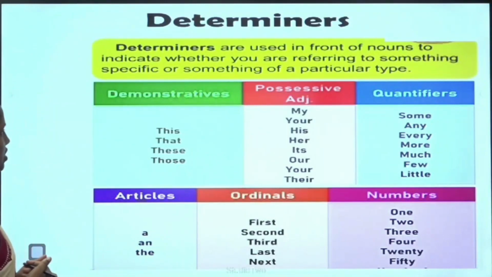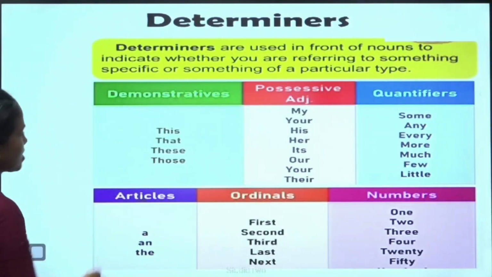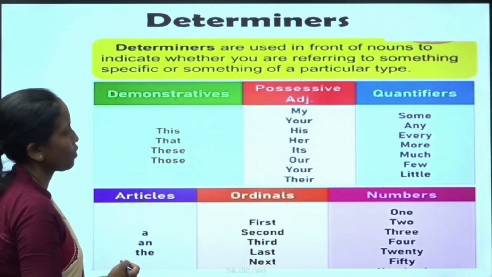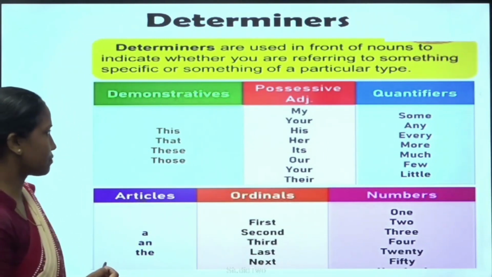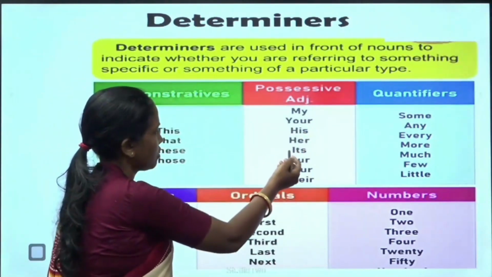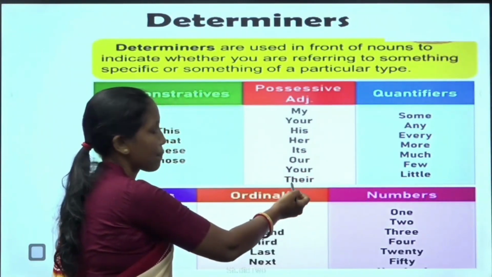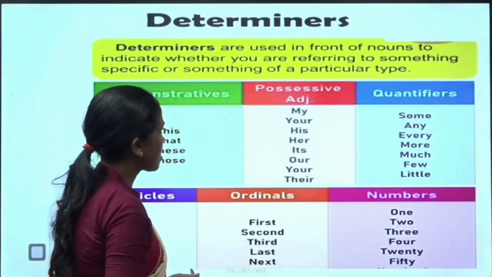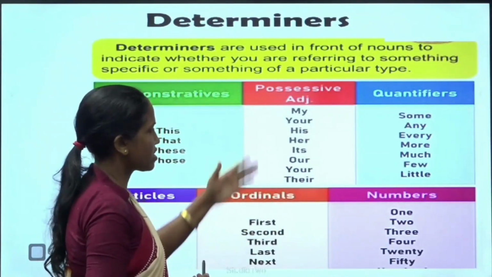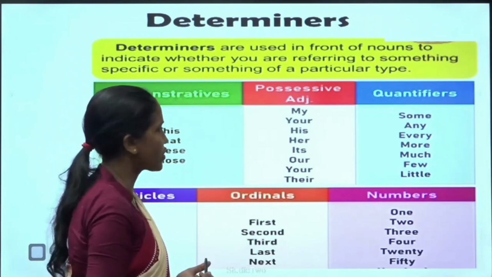You see demonstratives: this, that, these, those. Possessive adjectives: my, your, his, her, its, our, your, their. Students, these all indicate ownership.